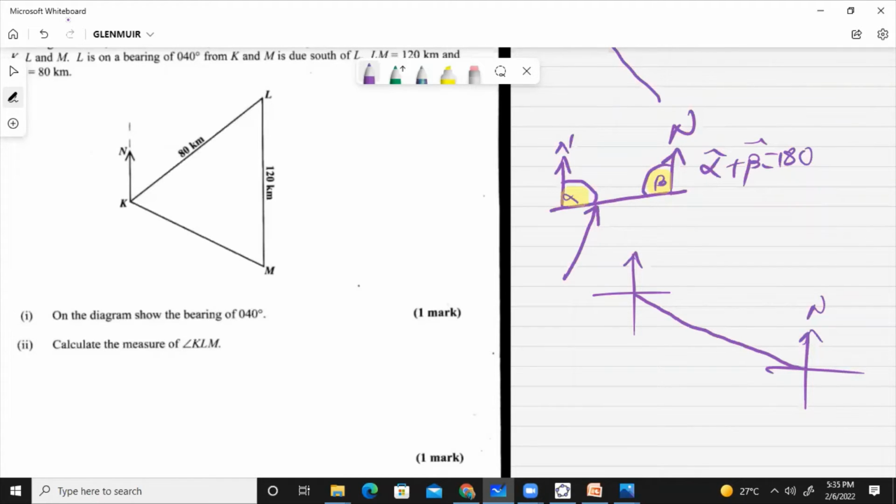So what I'm going to do is extend these so that you could see the point I'm making. Z angles will be coming out. A lot of times, you will have to see this. It's going to be all over your paper, because the moment you're doing your bearings, you're going to be dropping these cross-looking things every time. So the moment you drop two, you have parallel lines and a transversal.